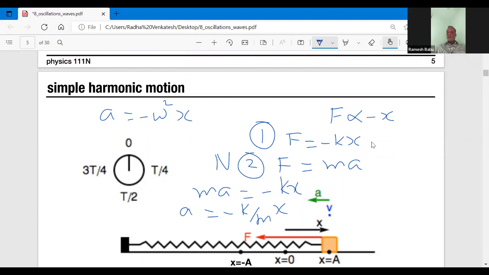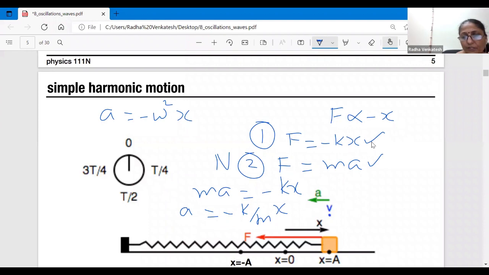Comparing these two, you can get your equation for omega, and then from omega you get your T, and from T you can get your frequency also. The step that I make them remember is this: for any example you do for simple harmonic motion, first write F is equal to minus k times the displacement. Second, you bring in Newton's second law and write this equation. Compare the two, get your acceleration expression.